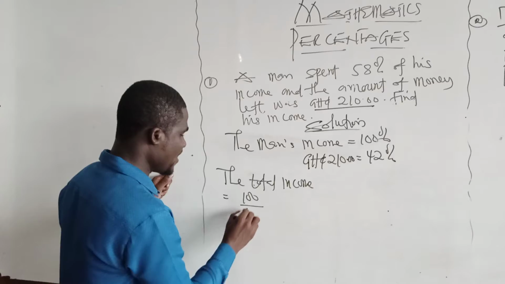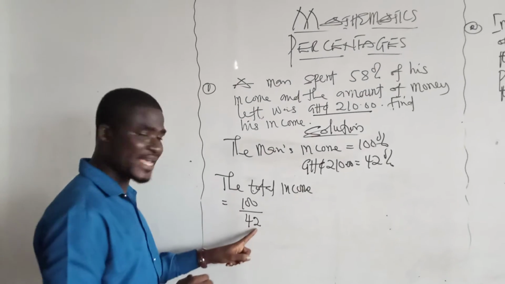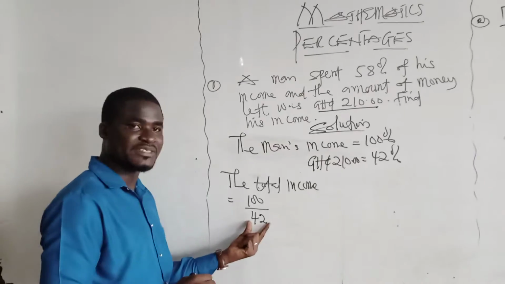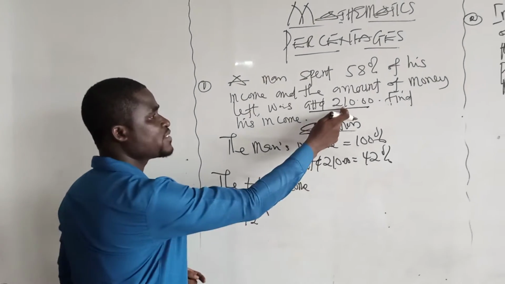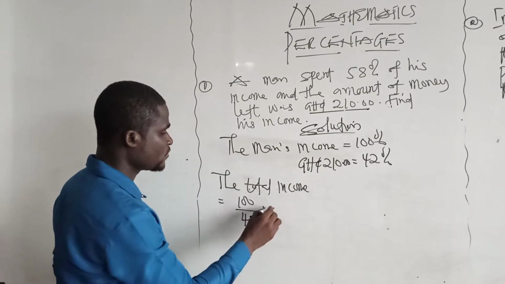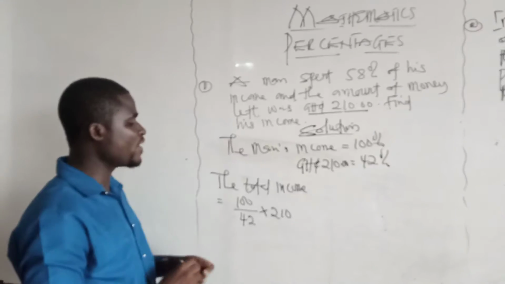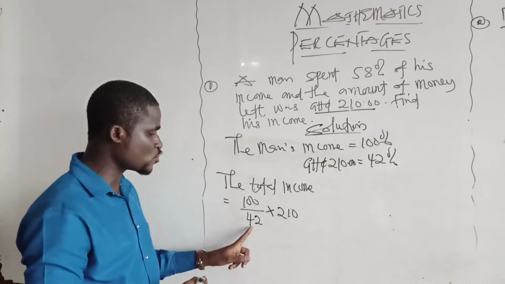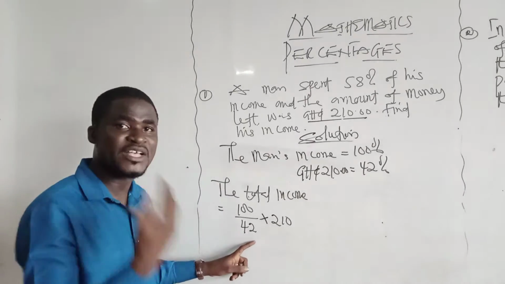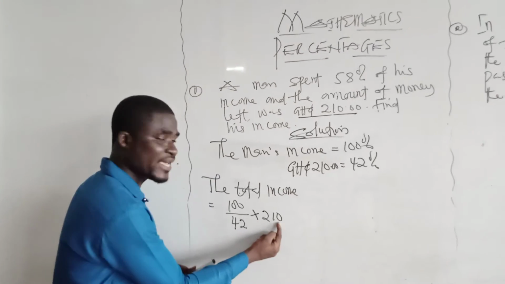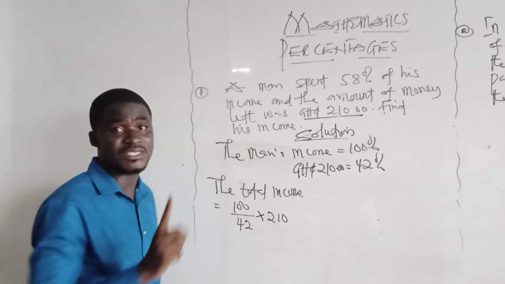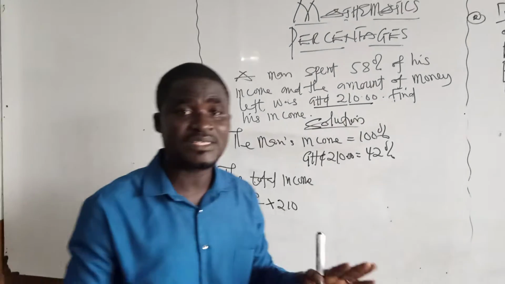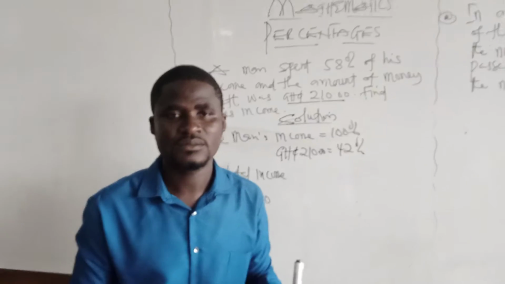Now divided by 42%, that is the percentage left, times the amount left, 210. And 210 is equivalent to 42. So always make sure that the amount here is equivalent to the figure here. Always. If they are not equivalent, then you are wrong.